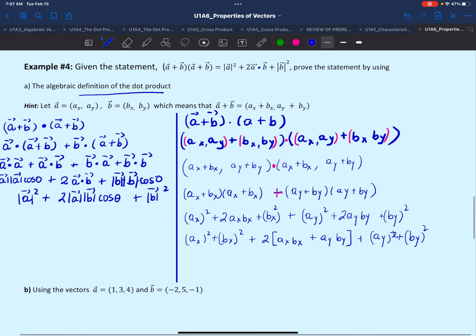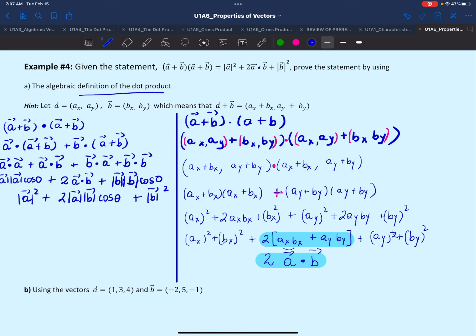So when you look at this term in here in the middle, AX BX plus AY BY, that reminds you of the dot product A and B, because that's what you get in dot product. So we're going to say 2A dot B. So that's where this term here went. So this one is the same as this. Now remember that AX squared plus BX squared, AY squared plus BY squared can also be rearranged.